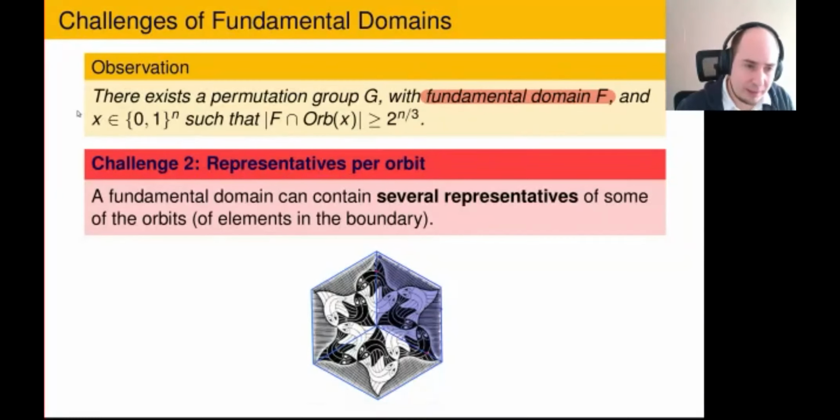But if you look at binary points, there could be orbits of these binary points that are very overrepresented in the fundamental domain. So the intersection of the orbit with the fundamental domain can be exponentially large. In some way, for these points, your symmetry breaking capability is really weak. And if, just by coincidence, the points that you care about are in those orbits, then the symmetry breaking capability of this fundamental domain is very weak, and you're not doing much by adding these extra constraints.